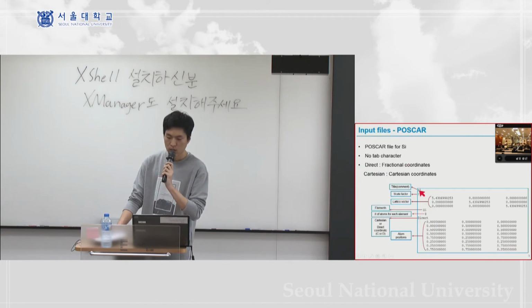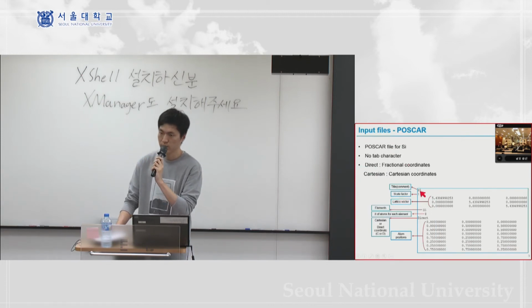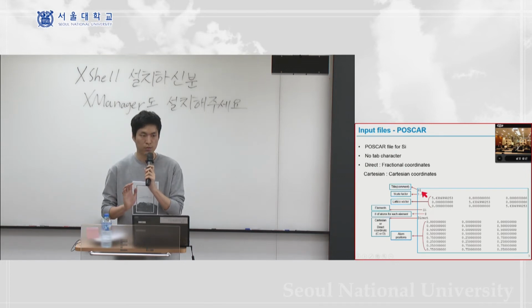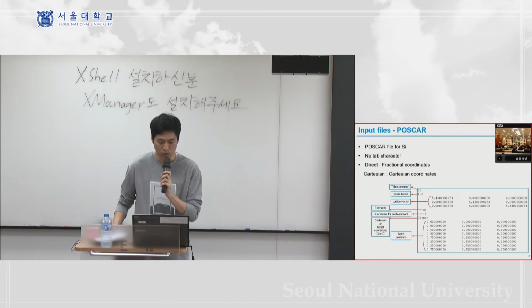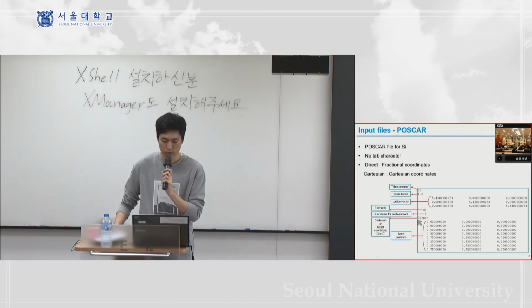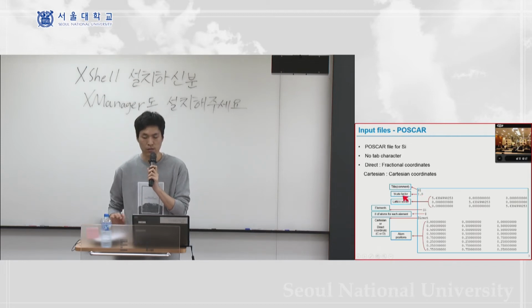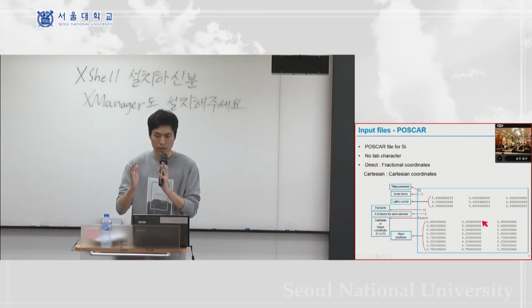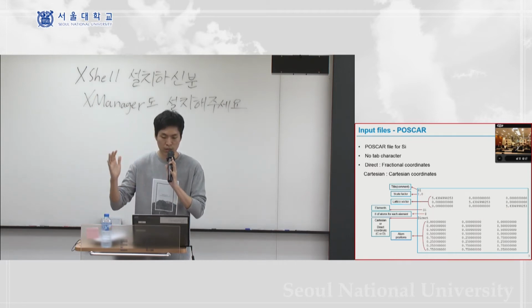So the first line is the comment line. The first line does not do anything, but you can write some information, for example, which POSCAR this is. And the second line is a number, and this is the scale factor. So if the scale factor is, for example, 2, then all the cell and atom positions are scaled by 2.